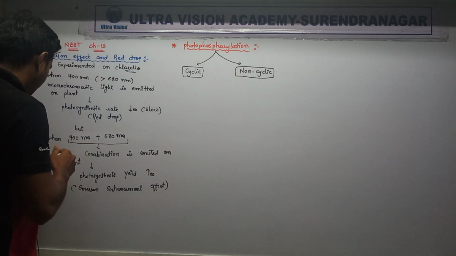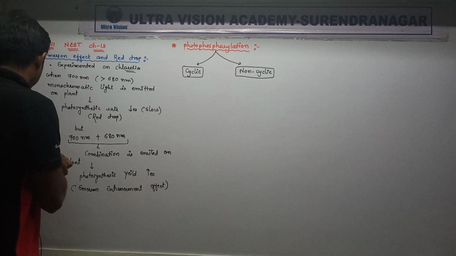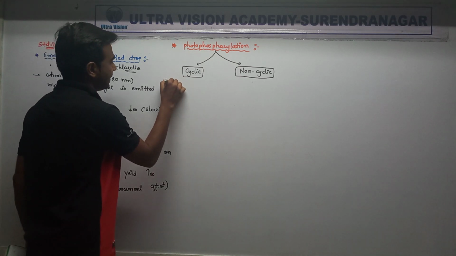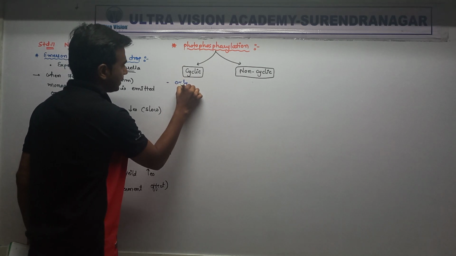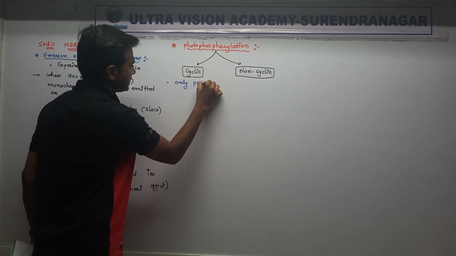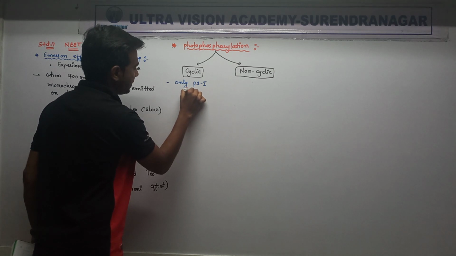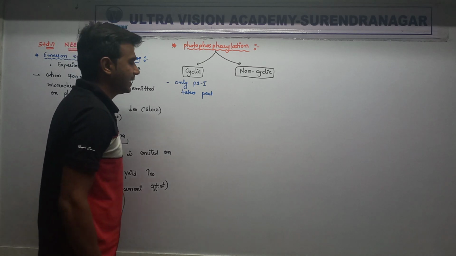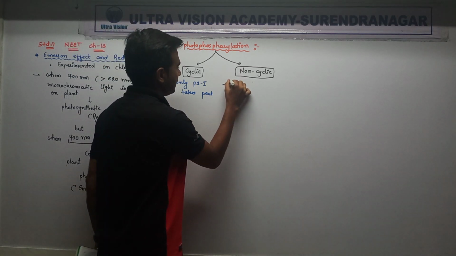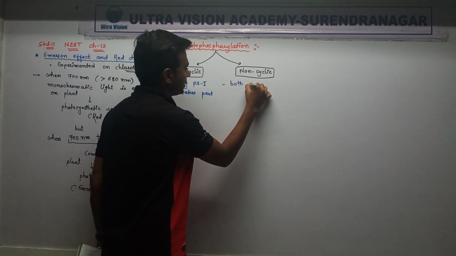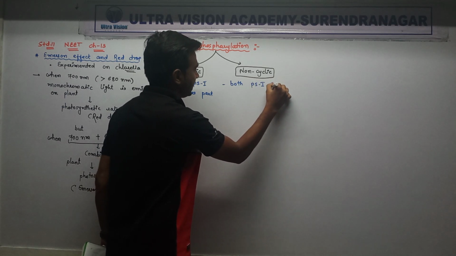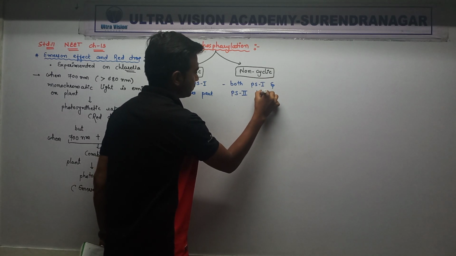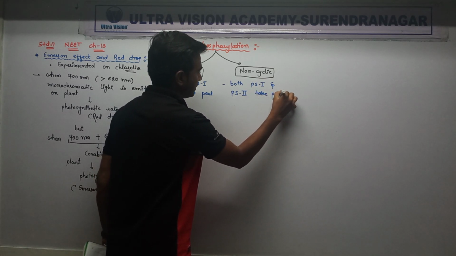Understand it properly: in cyclic, only PS1 takes part, whereas in non-cyclic, both PS1 and PS2 take part.